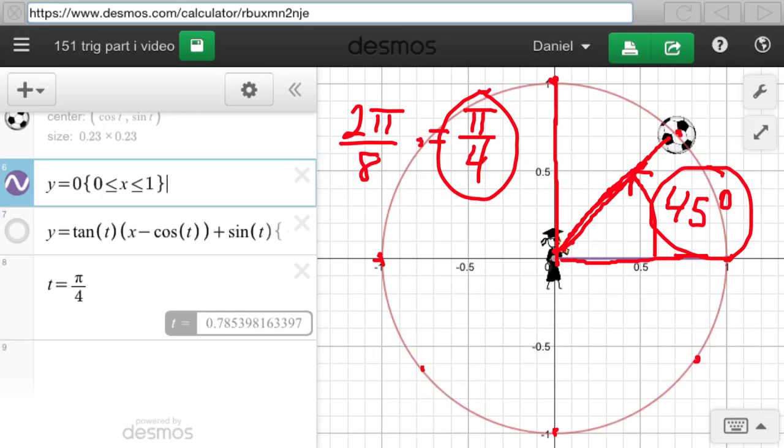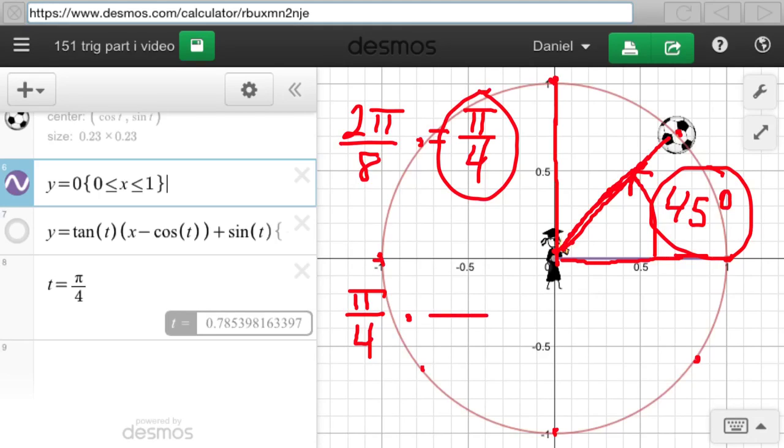Now, how would we have gotten that, without thinking about it analytically like this? We can just basically use our formula, which says, all right, if I want to convert pi over 4 radians into degrees, what I'm going to do is multiply by my conversion factor, which is the fact that pi radians equals 180 degrees.